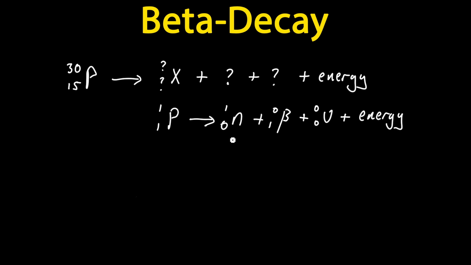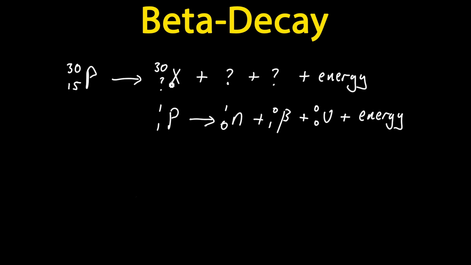Also notice here that our mass number doesn't change because we're not losing any nucleons in this process. We're simply converting a proton into a neutron for beta positive decay. So we can fill in the mass number for our element here, and that remains at 30.